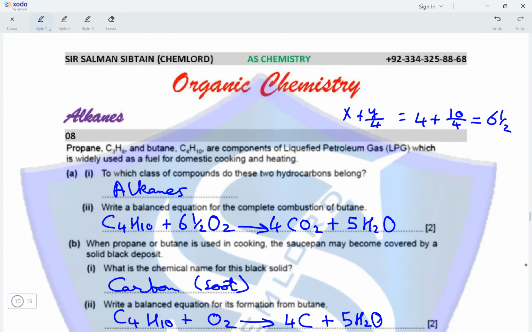So in order to balance the equation, we require 5 atoms of oxygen, which is equal to 2.5 moles of oxygen gas. So this is the equation for the formation of carbon when butane is burnt.